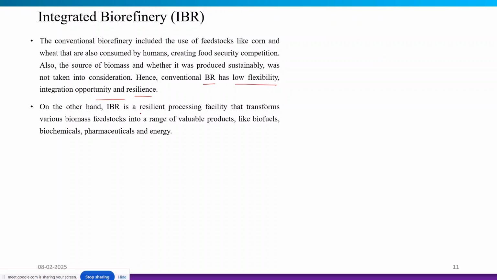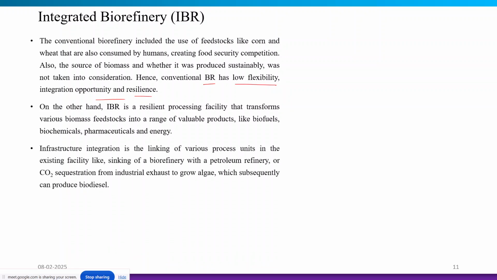An integrated biorefinery is a resilient processing facility that transforms various biomass feedstocks into a range of valuable products like biofuels, biochemicals, pharmaceutical products, and energy as well. This infrastructure integration is the linking of various process units in the existing facility, syncing a biorefinery with the existing petroleum refinery and or any other CO2 sequestration from industrial exhaust to grow algae, from which we can subsequently produce biodiesel.